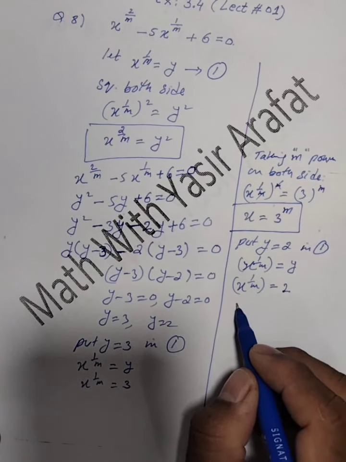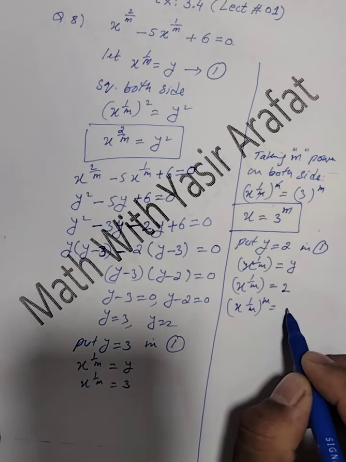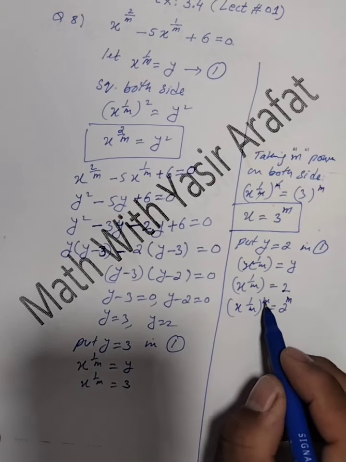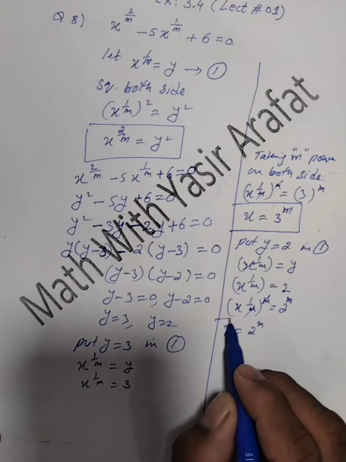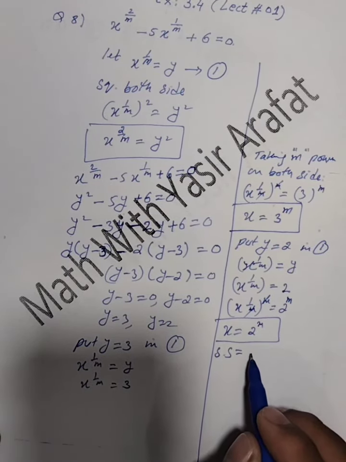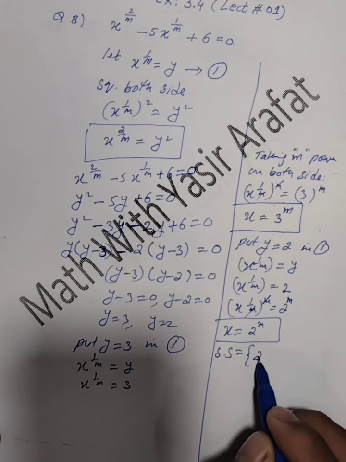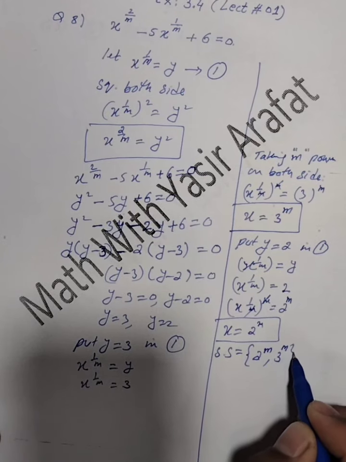Take out the m power on both sides again. So this is 2 power m. This m will cancel out to this one, and the value of x is 2 power m. So the solution set is 2 power m, 3 power m.